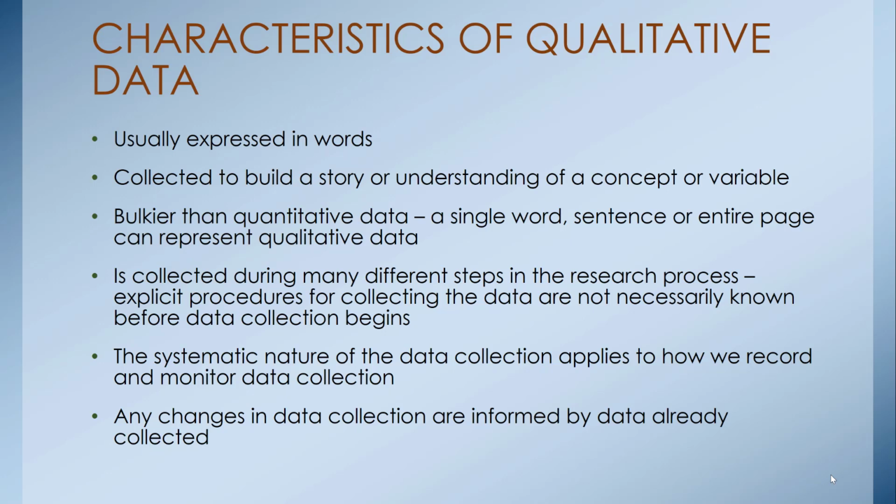So it's not strict and rigorous like it is in quantitative. And then we may have changes along the way in data collection, but these are going to be informed by the data we've already collected. So this is very much an ongoing developing process from the qualitative standpoint, where you have an idea from the beginning of what you're going to do, but then as you move through it, things may change.